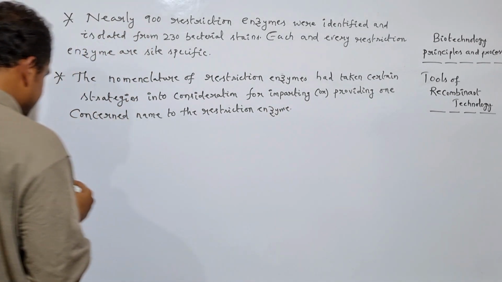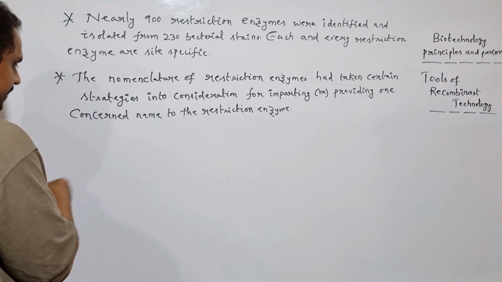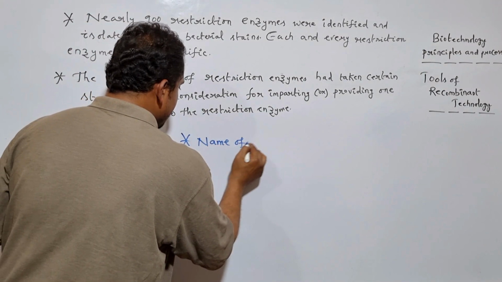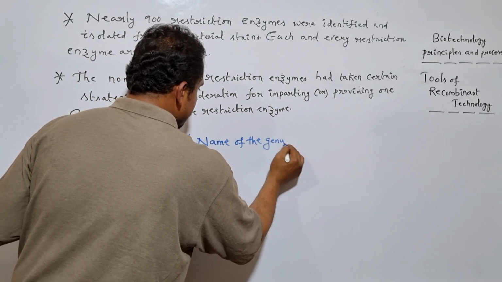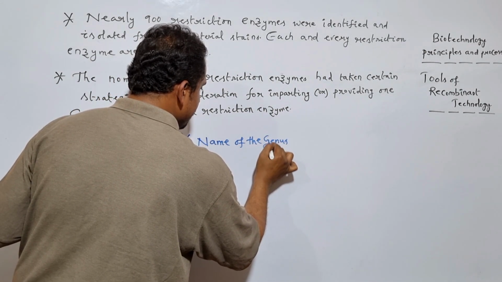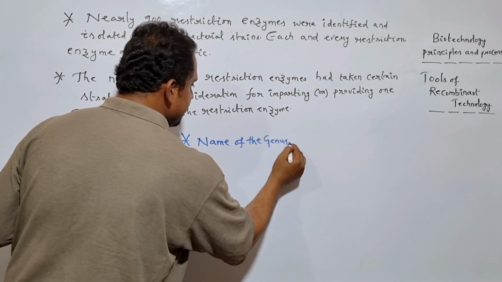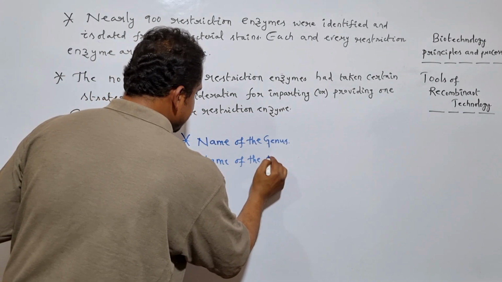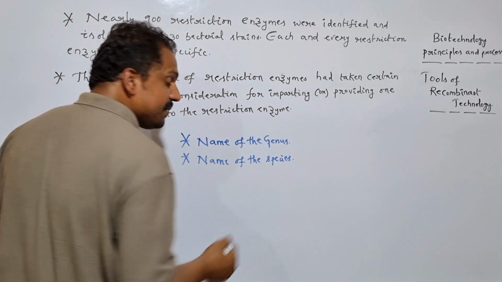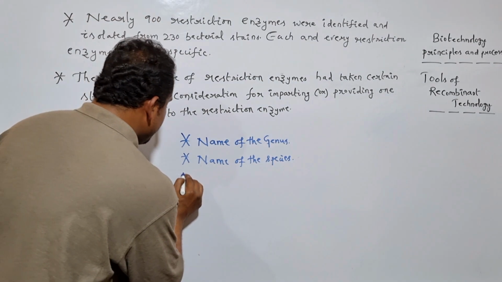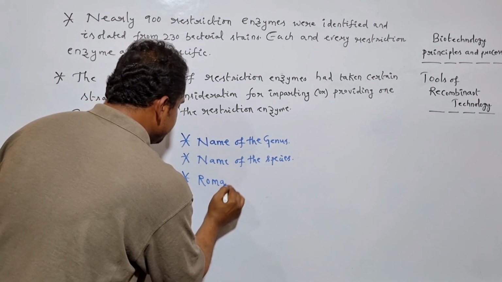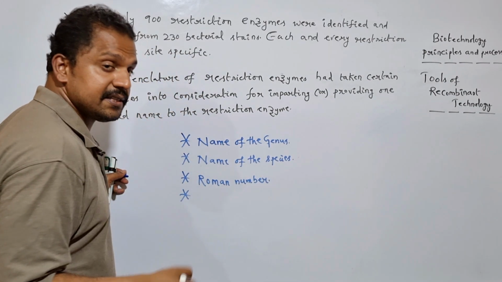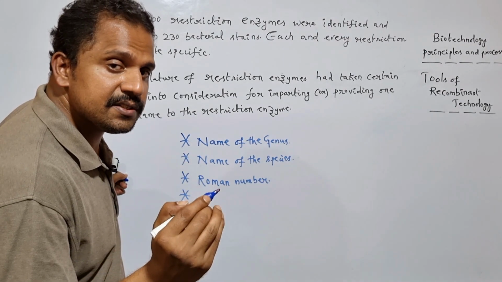And these specific strategies may include the name of the genus, and the other one is the name of the species of the concerned microbe from which the restriction enzyme is isolated, and the other one is the Roman number, and the other specific strategy is whether the concerned microbial strain is a smooth strain or rough strain.